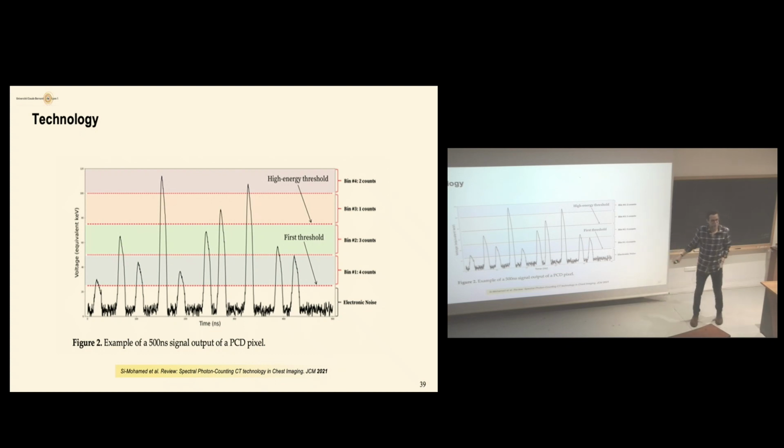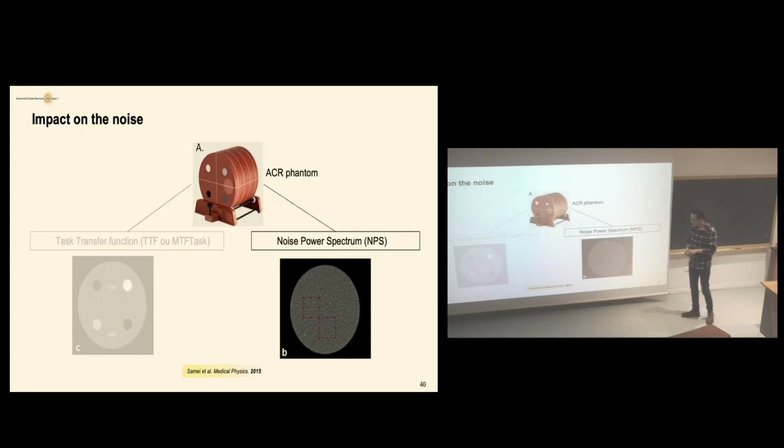That means that these detectors, by classifying the energies, will be used to suppress the electronic noise. So at the end, you will of course decrease your noise in the image. That will increase the contrast.